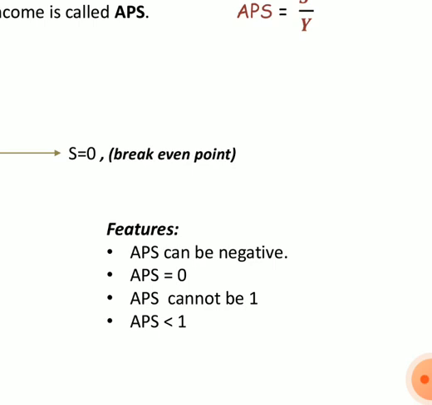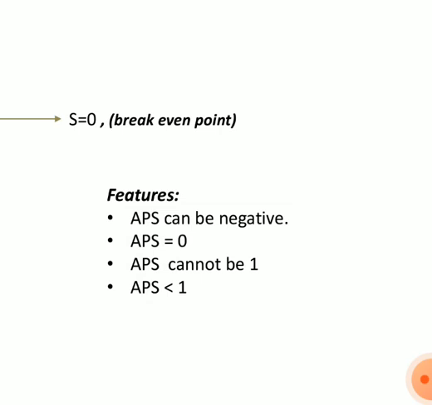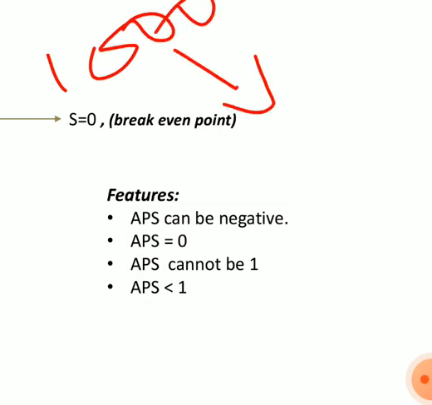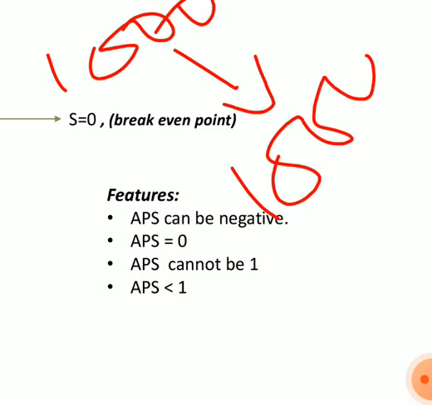So here there are 4 features. APS can be negative. Earlier we have seen that consumption cannot be negative, but APS can be negative. APS can be 0. APS cannot be 1. It means if we are getting rupees 1000 as income, then we cannot save the whole amount.